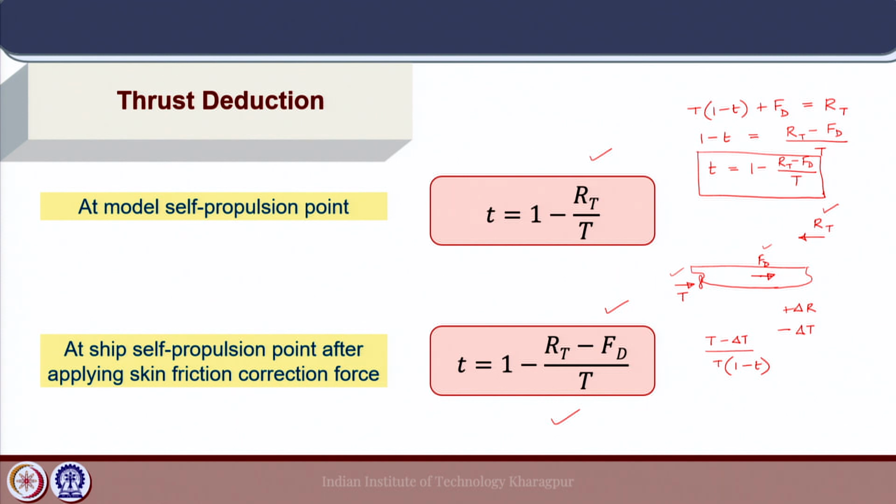So, the thrust deduction factor during the self propulsion test can be calculated using the total resistance from the resistance test and the thrust from the propulsion test using the value of Ft.